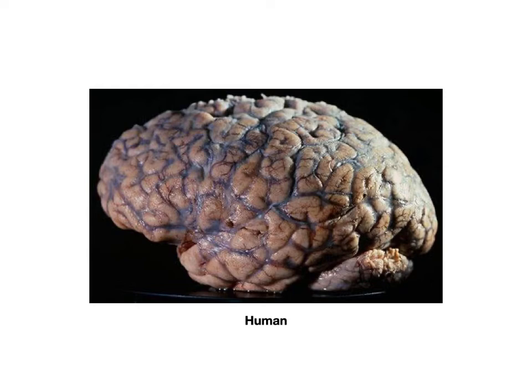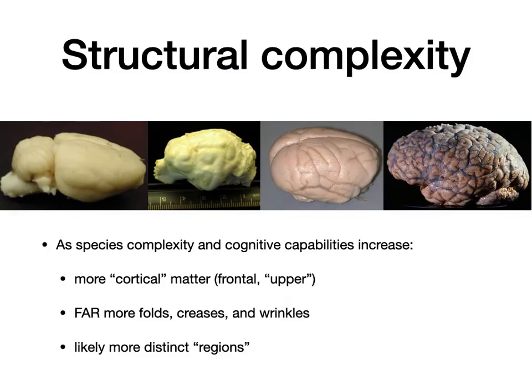So what's going on here? This is about the structural complexity of the brain. If you just have to fill the space of a head and you don't have that many neurons, then you can be kind of smooth, and the neurons will just lay as they need to.